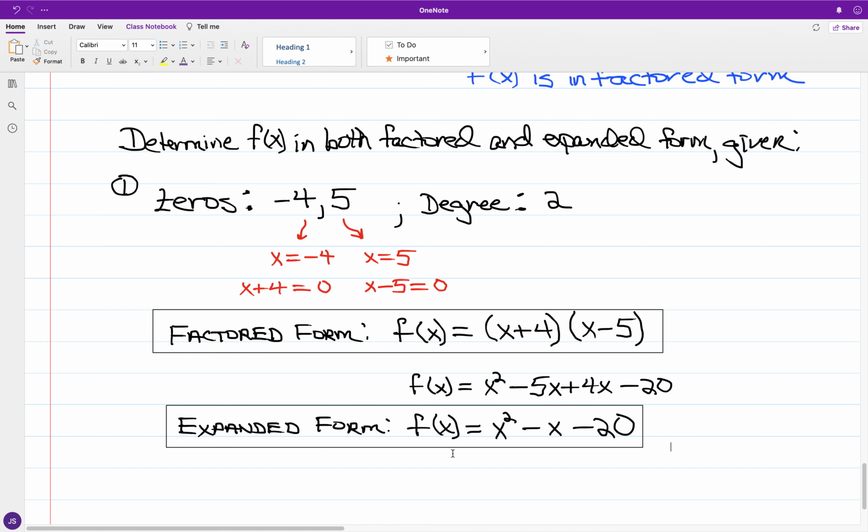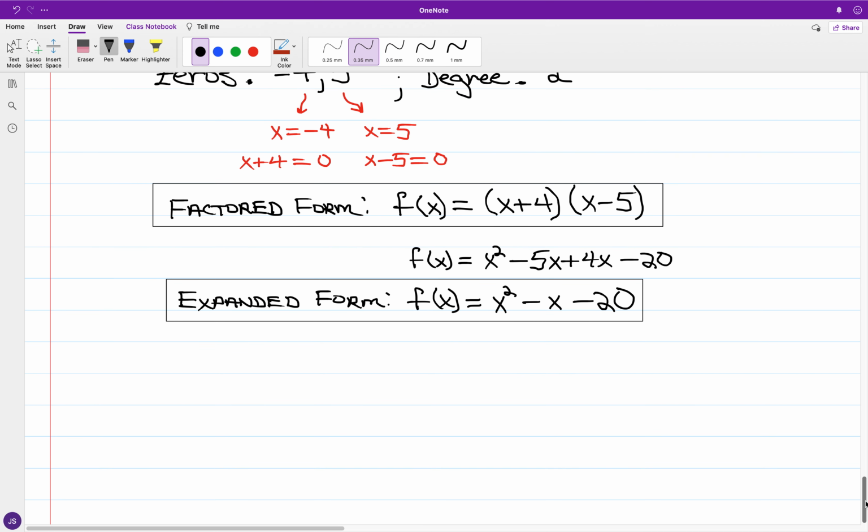So for what we have here in the expanded form, x squared minus x minus 20, if you were to set it equal to 0, the polynomial is of degree 2, and that's indicated by the highest order term in the variable x, x to the second. If I set this trinomial equal to 0, a quadratic equation, and I factor, I would have these factors and -4 and 5 as the zeros, in this case the solutions.